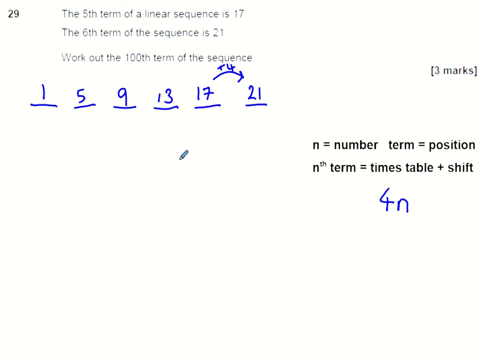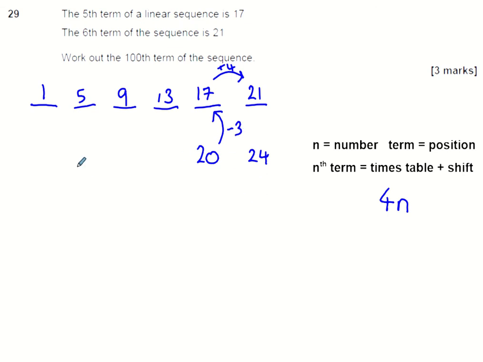If we know this is the 4 times table, then you should be able to know what the fifth number in the 4 times table is. 4 times 5 is 20. 4 times 6 is 24. And you can figure out then how much this sequence has been shifted. The 4 times table has been shifted 3 numbers down.